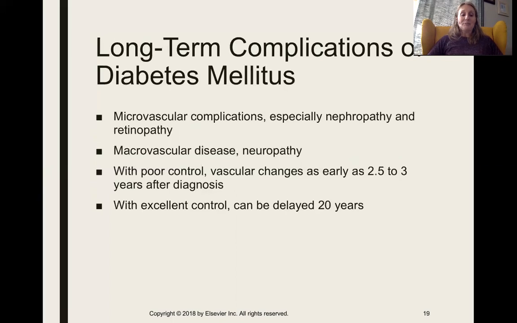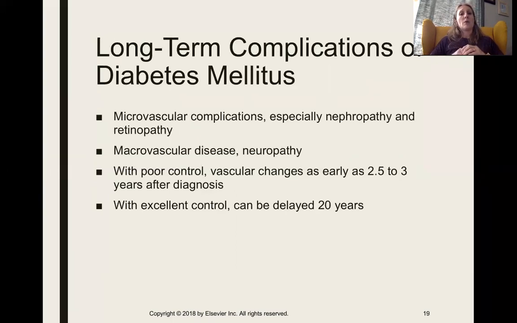So some of the long-term effects and complications of diabetes mellitus are listed here. And we're going to look at the difference between the microvascular and the macrovascular. So the microvascular, as the name implies, is complications related to the microvascular level.